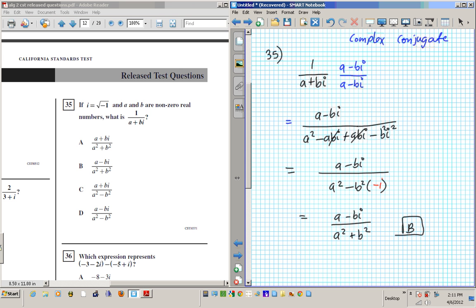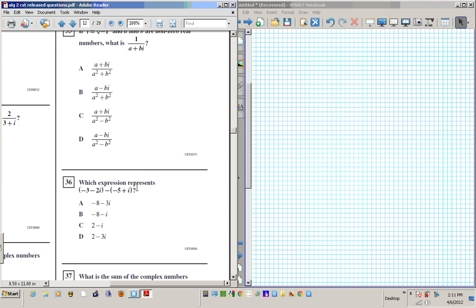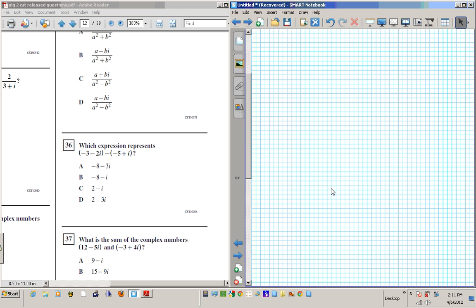Okay? Alright. Now let's move on to 36. It says which expression represents negative 3 minus 2i subtracted from negative 5 plus i. Okay? Now what I like to do is change my subtraction problems into addition by adding the opposite.